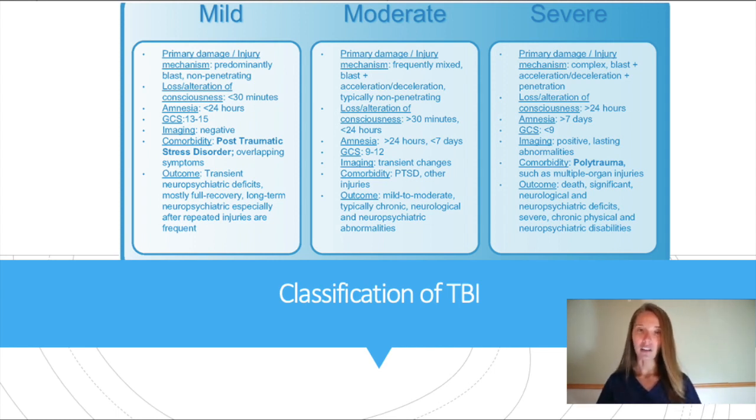They have a loss of consciousness, of course, greater than 24 hours. They are in the ICU. Their GCS is less than 9. They're probably intubated. They have multiple organ trauma from whatever injury they've sustained. This type of injury results in death, or severe neurological and neuropsychiatric deficits.